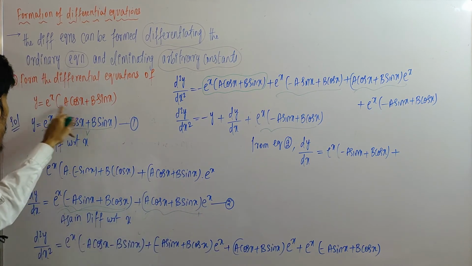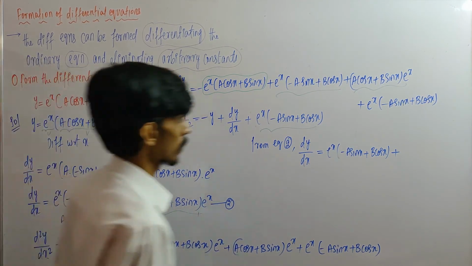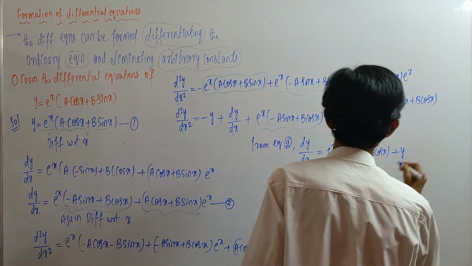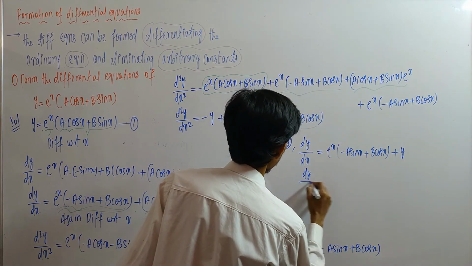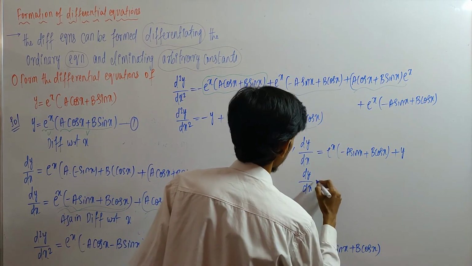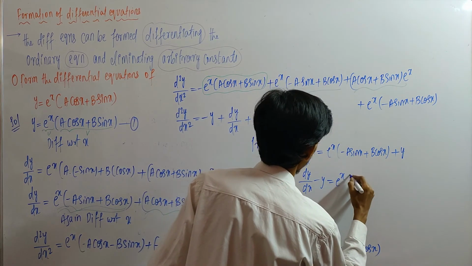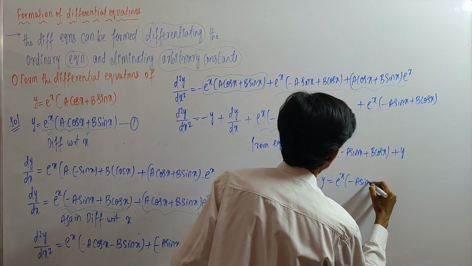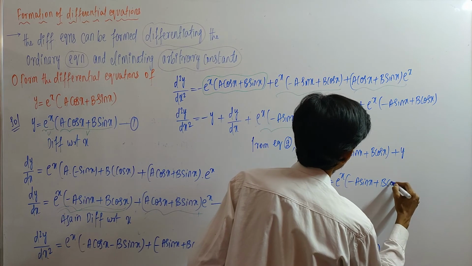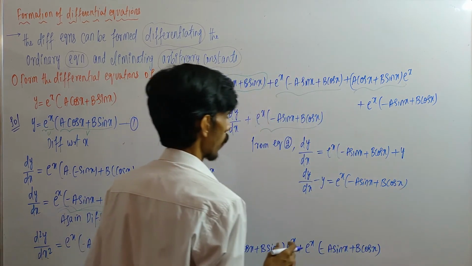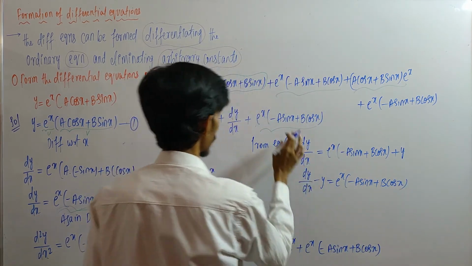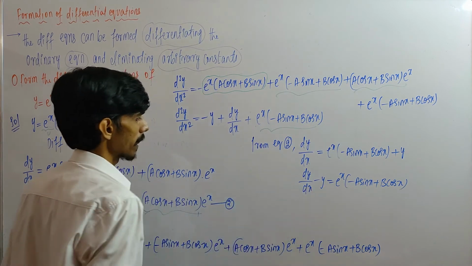This term can be replaced by y from equation 1. So here we have y. Now this will become dy by dx minus y is equal to e power of x into (minus a sin x plus b cos x). Now replace this term by dy by dx minus y.